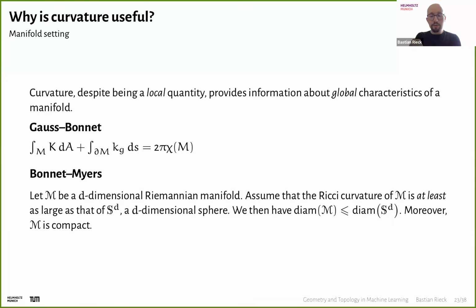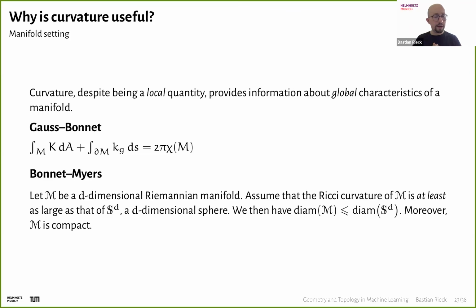And this is indeed useful because many curvature measures satisfy a very nice characterization of the space and combine topology and geometry in very deep ways. And I hope I can allude to some of these properties here. So one of the things that I found fascinating is that despite being a local quantity, curvature itself provides information about the global characteristics of a manifold.